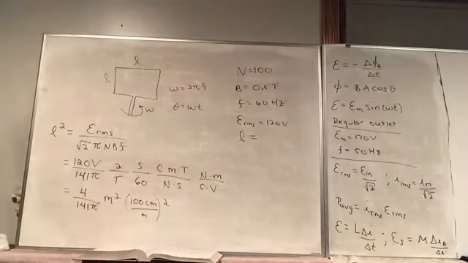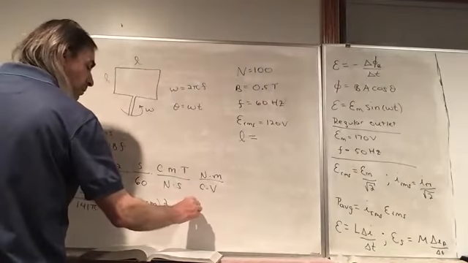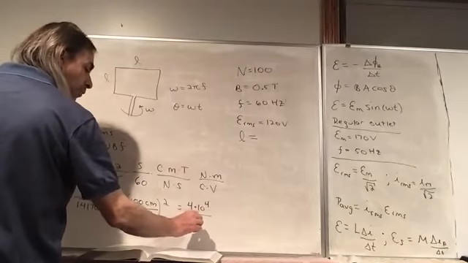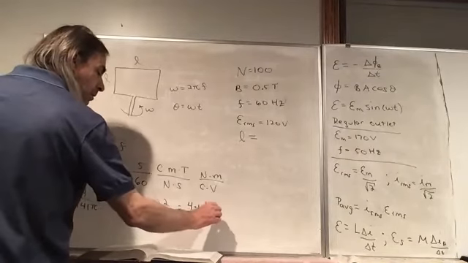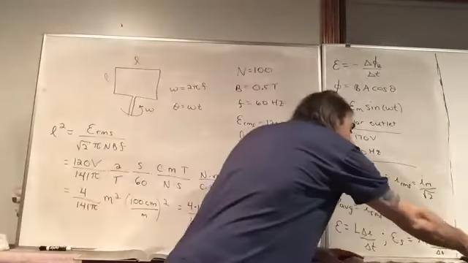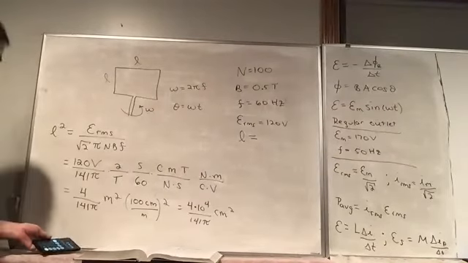Okay. So we have 4 times 10 to the 4th over 141 pi centimeters squared. What I'm going to do, let's do 141 pi first. 443.